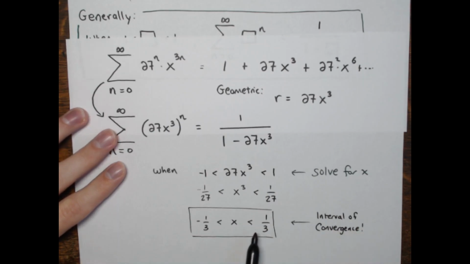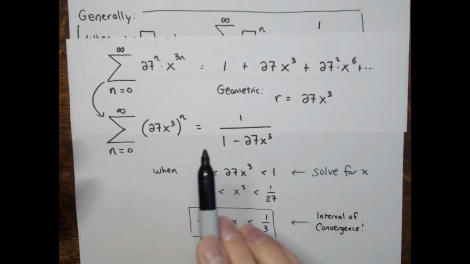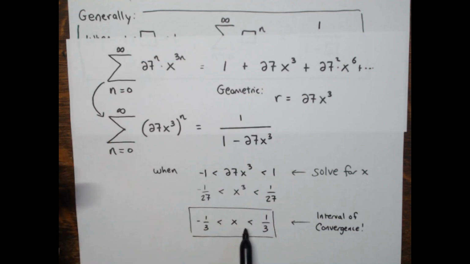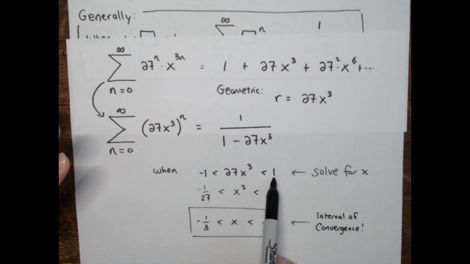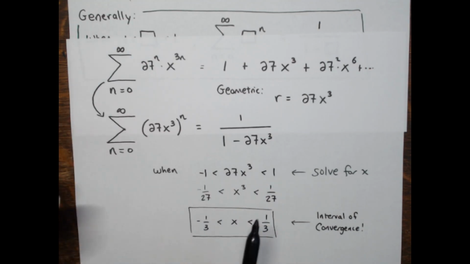And we don't need to check the ends here because this is all geometric. When x equals 1/3 or when x equals negative 1/3, this 27x cubed would be equal to 1 or equal to negative 1, and a geometric series is divergent when the common ratio is 1 or negative 1.